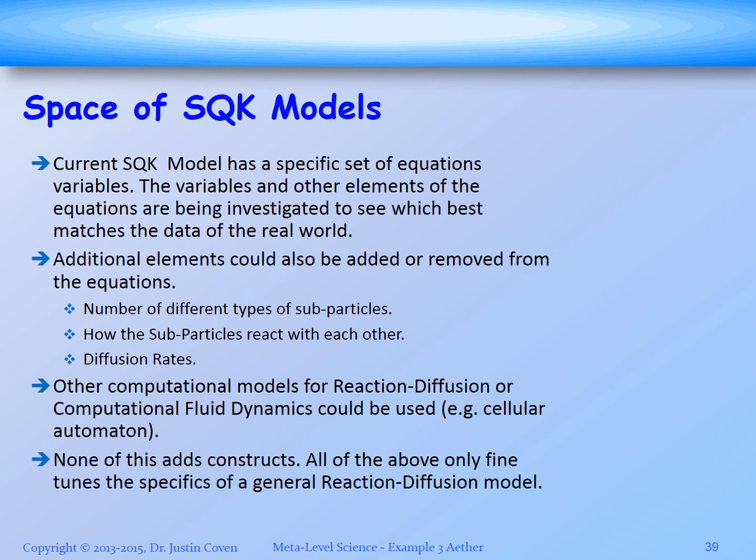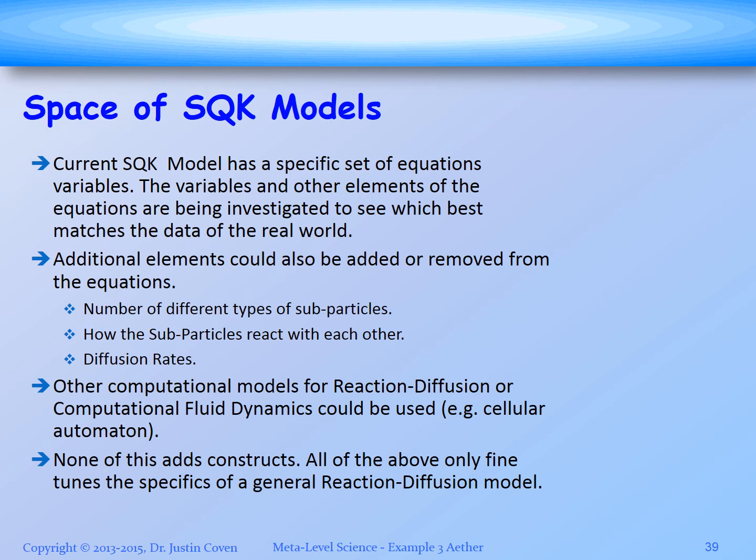Additional elements could also be added or removed from the equations. The number of different types of subparticles, how the subparticles react with each other, and also diffusion rates are other ways of modifying the model. This enables a very large space of different subquantum kinetic models. Other computational models for reaction diffusion or computational fluid dynamics could be used, for example, cellular automaton.